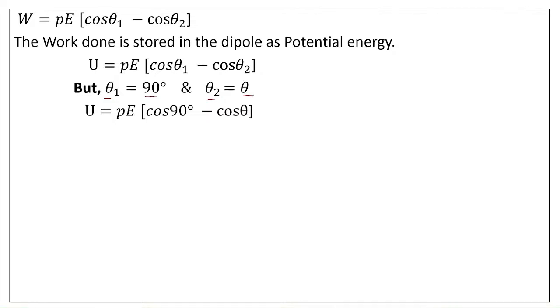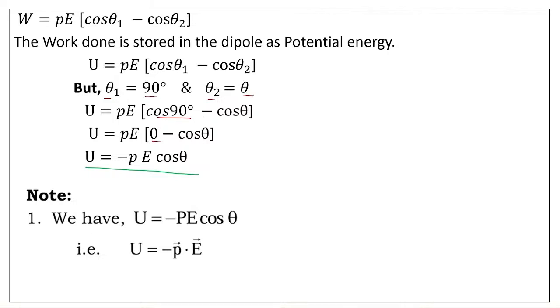U is equal to PE into bracket cos 90 degree minus cos theta, where cos 90 degree is equal to 0. Therefore, U is equal to PE into bracket 0 minus cos theta. Therefore, the final equation is U is equal to minus PE cos theta.